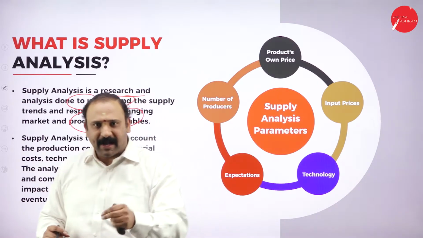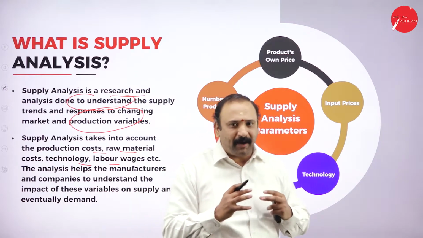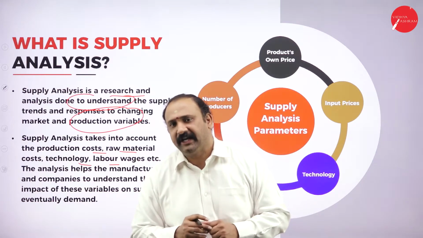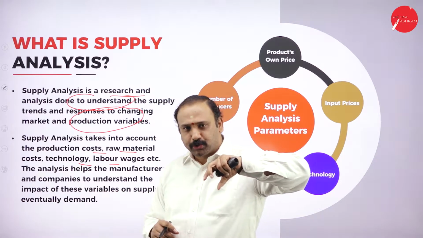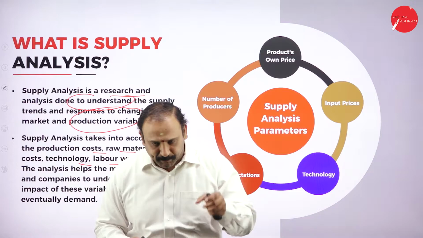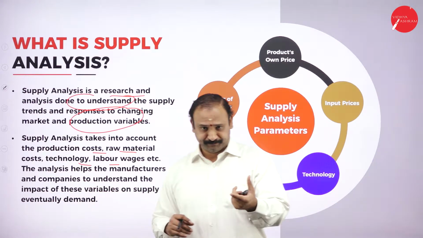Now, let's come back to our country as an example. India is a growing hub of manufacturing in the world. Gone are the days when India used to depend on imports. Today, India has become an exporting hub.